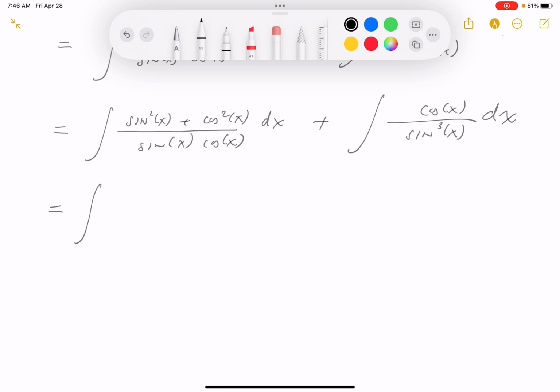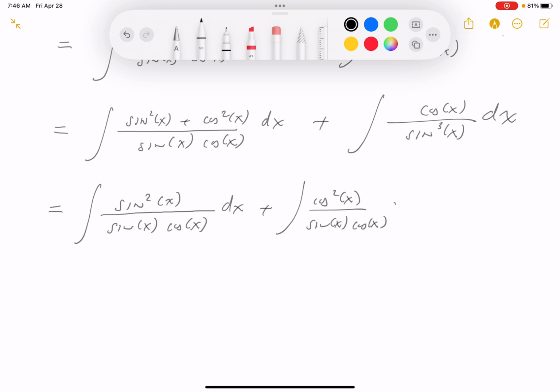The first integration, by the way, it's going to be sine squared over sine x cosine x dx plus cosine squared over sine x cosine x dx plus, I got this third integral to worry about, don't I?